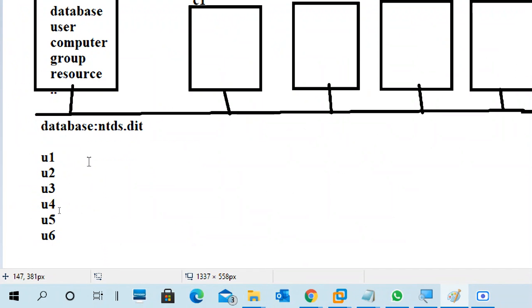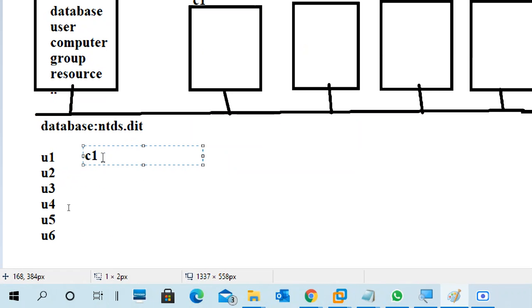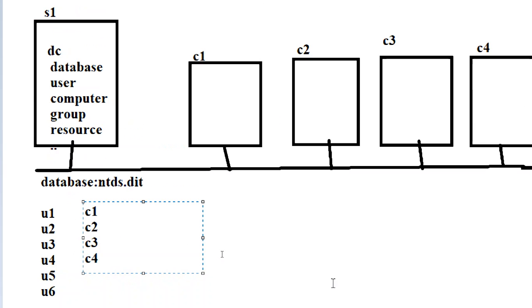Also I will add these computers to my domain. So in my database, my computers' information is also stored. I added C1, C2, C3 computers into my domain.